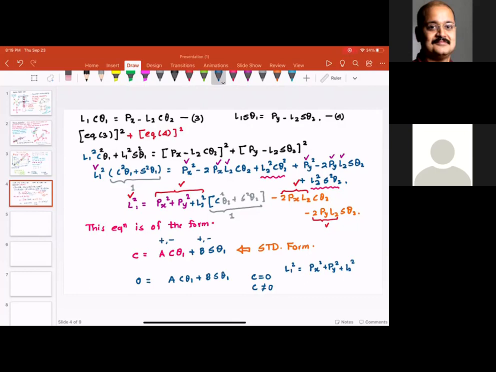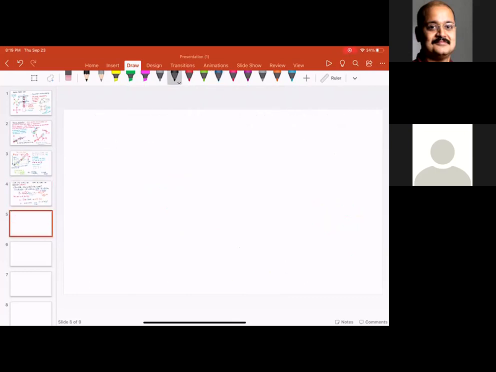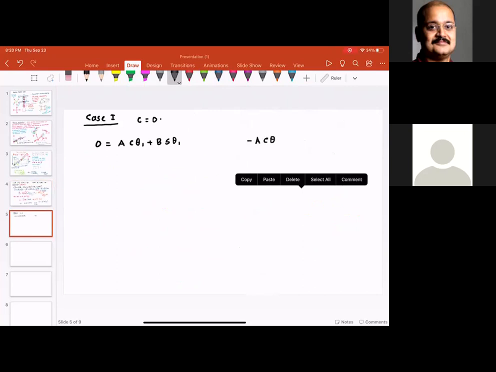Everyone understood this? So how do we solve when C is equal to 0? So case 1, C is equal to 0. In that case, your equation becomes 0 is equal to A cosine theta 1 plus B sine theta 1. The easiest way to solve this problem, and you probably guessed it, is minus A cosine theta 1 is equal to B sine theta 1, and then you have minus A divided by B is equal to tan theta 1, and you find the tan inverse.